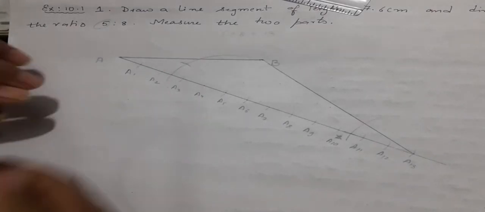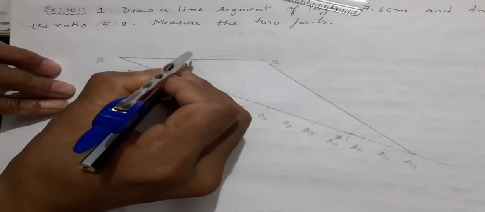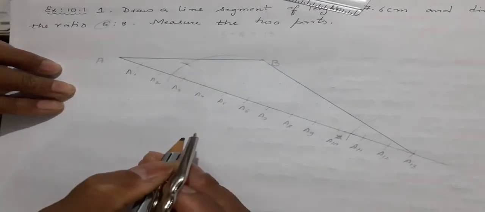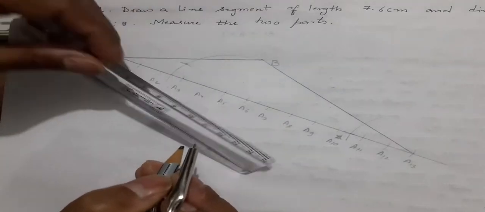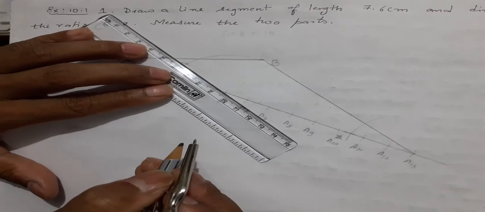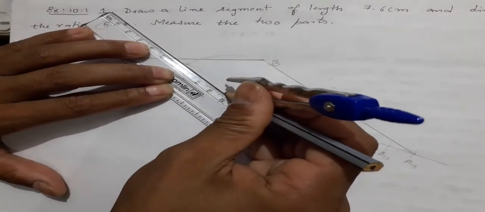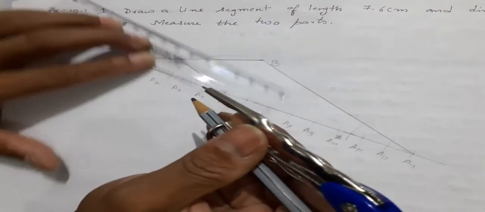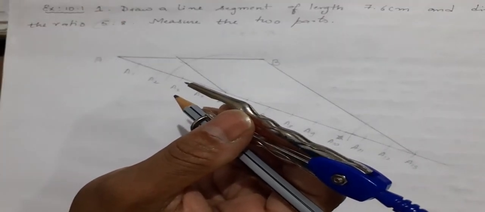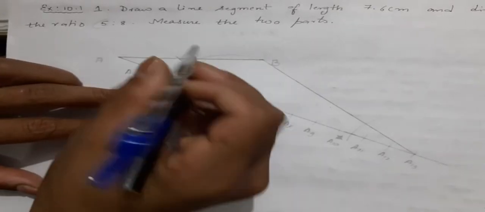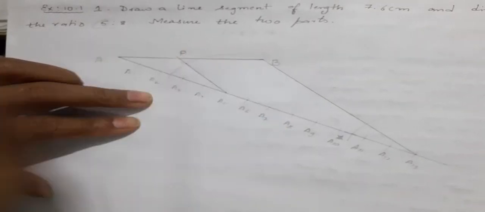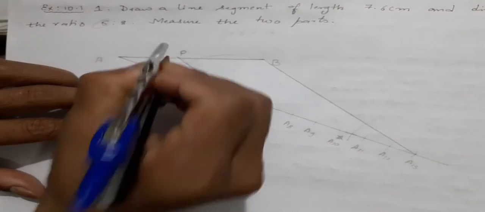Now we're going to join this with the A5. A5 is here because we started this work from A5. Join it here. This point will be the point that we needed, P. Okay, this is the one we need, P.